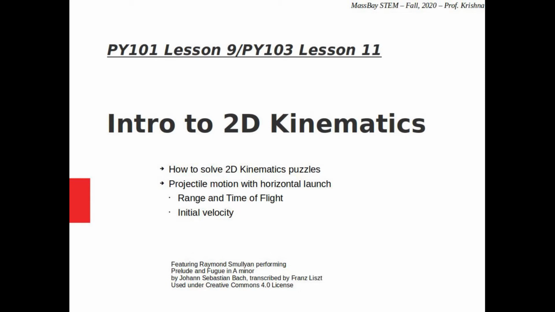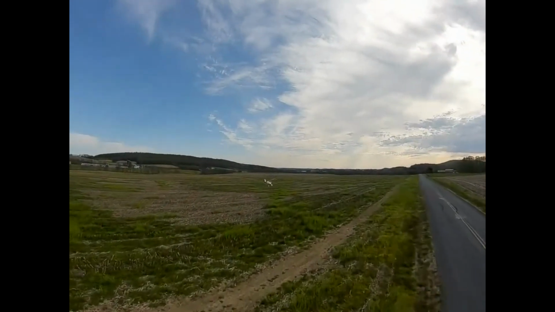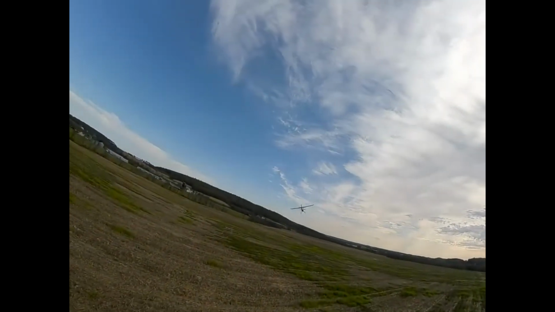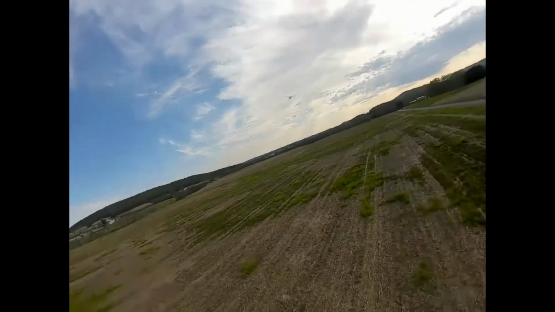So far, we have looked at objects that are moving back and forth in a straight line, one-dimensional kinematics. Now that we have seen many examples of solving puzzles in one dimension, we shall expand out to puzzles in 2 dimensions. The techniques of solving 2-dimensional kinematics puzzles are largely identical to those for solving one-dimensional kinematics.